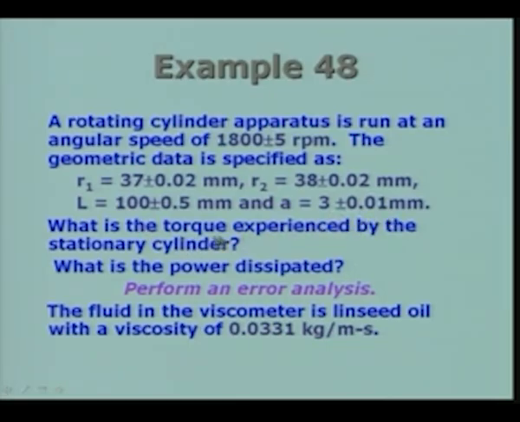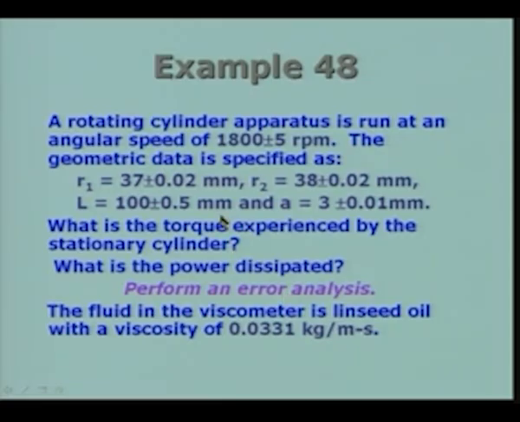What we would like to find out is the torque experienced by the stationary cylinder, and also the power dissipated, given that the fluid in the viscometer is linseed oil whose viscosity is known to be 0.0331 kilogram per meter second. I have also mentioned here that we would like to perform an error analysis.